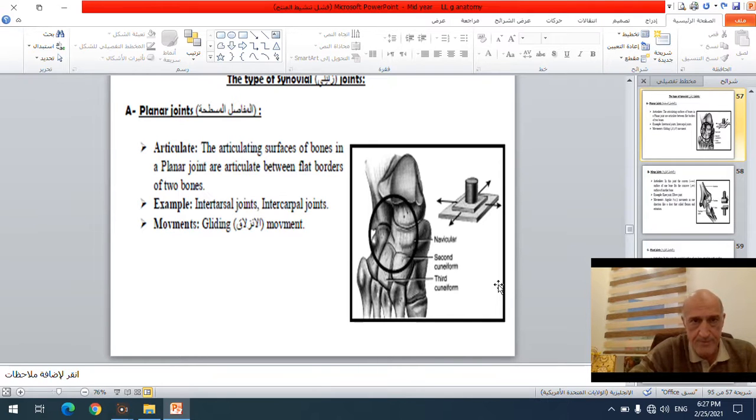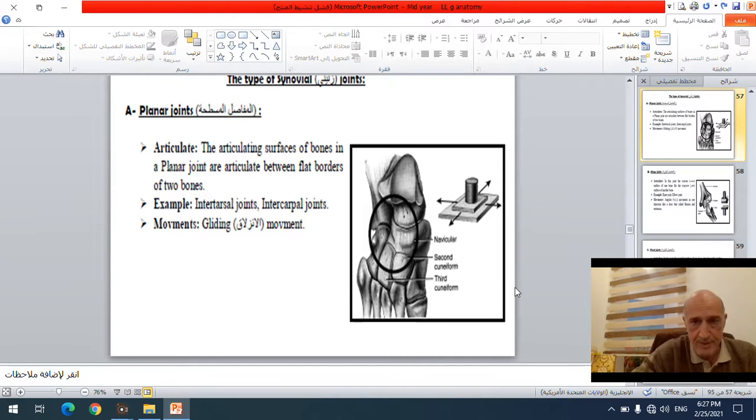The synovial joints types. Number A, plane joint. The features of it: articulation. The articulating surfaces of the bones in the plane joint are flat borders of two bones.